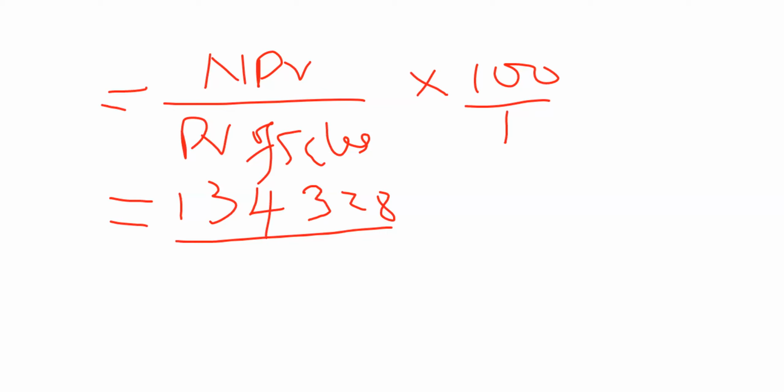Present value of sales, if you go back to our table, we got 4,421,640. Yes, sir. That is the present value of sales. Is it clear? Yes, sir. So you put 134,328 as numerator over denominator 4,421,640 times 100/1, or you run the calculator. What's your answer?